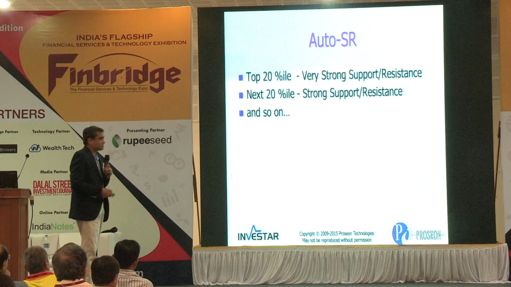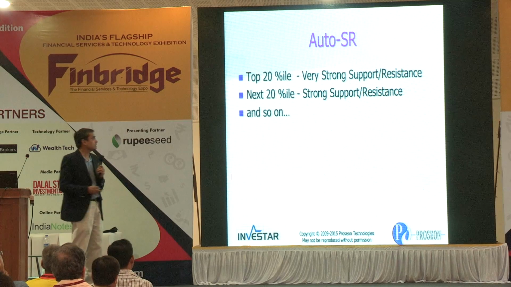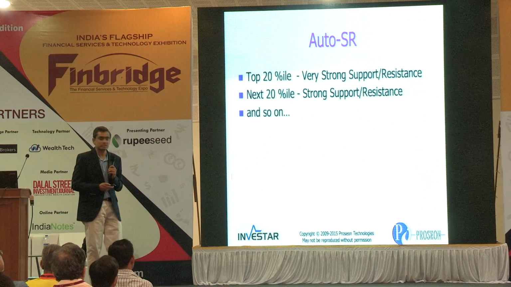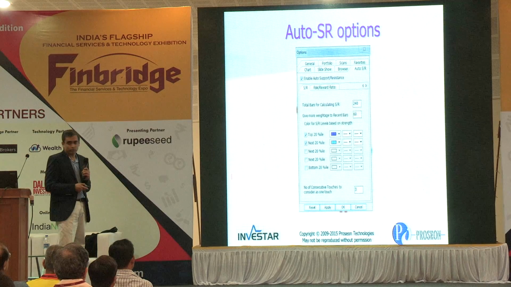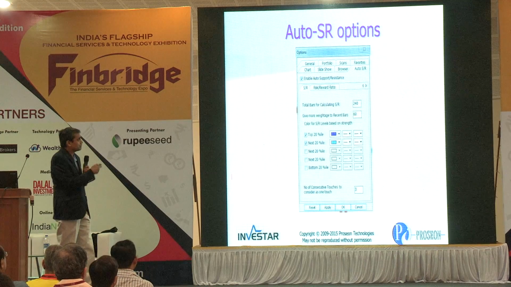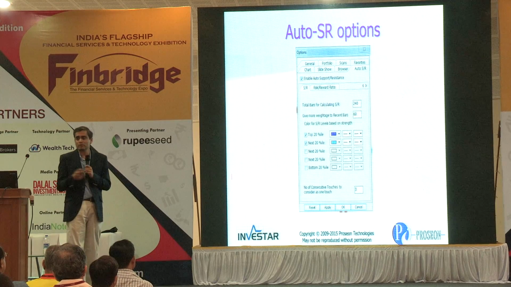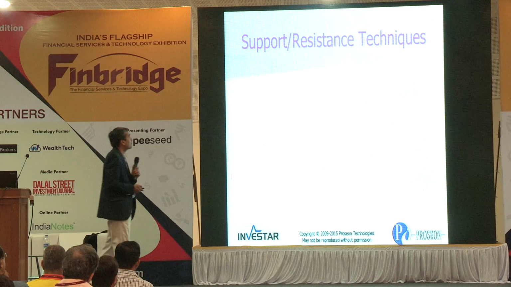The top 20 percentile are very strong resistance. It's just a name we have, and the next 20 percentile is strong support resistance, and so on. You can configure the auto support resistance using the options dialog box, where you can specify how many bars you want to use for calculating the support resistance, because that's what the algorithm is going to use.